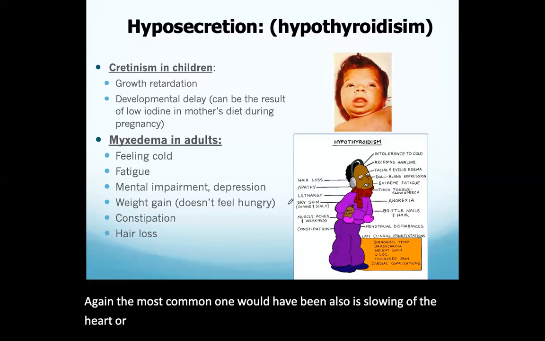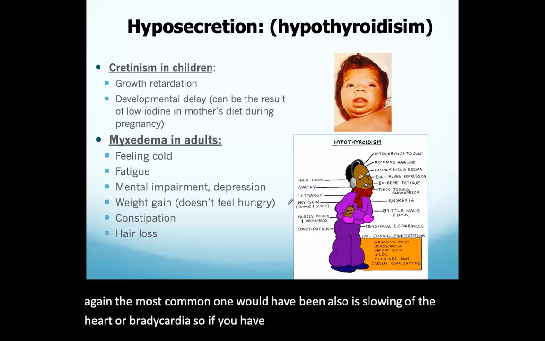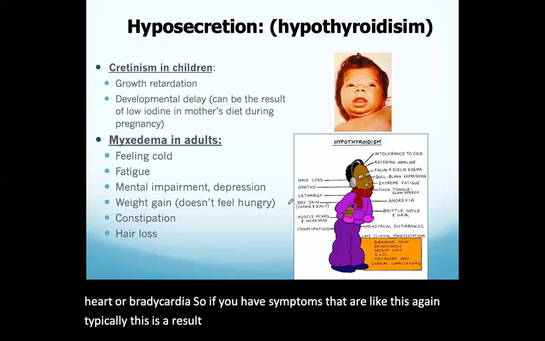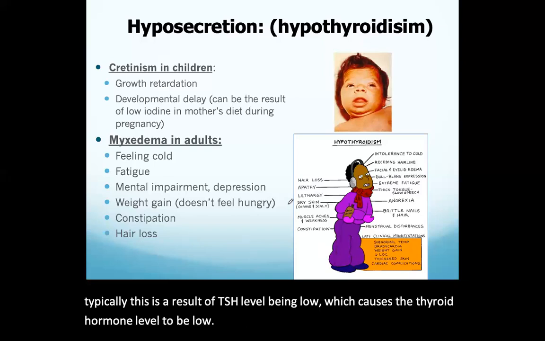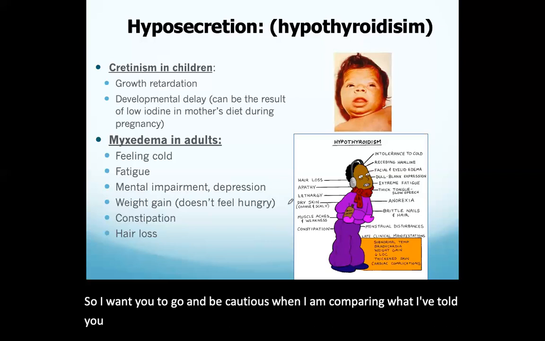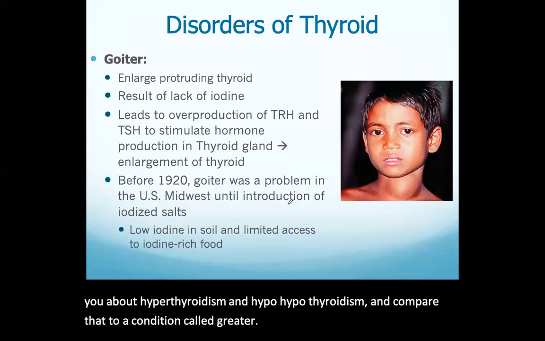So if you have symptoms like this, typically this is a result of TSH level being low, which causes the thyroid hormone level to be low. I want you to be cautious when comparing what I've told you about hyperthyroidism and hypothyroidism, and compare that to a condition called goiter, which is the next slide for us.